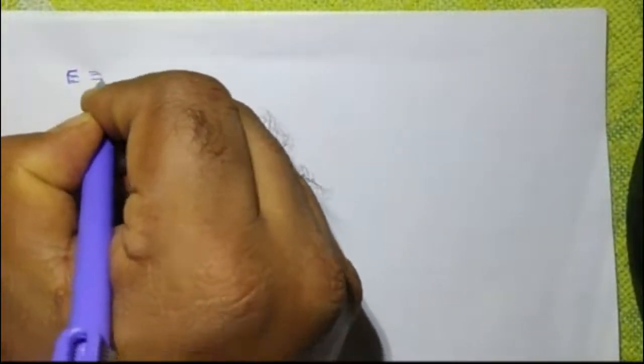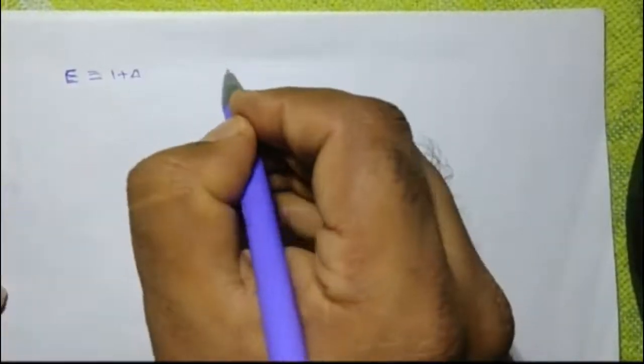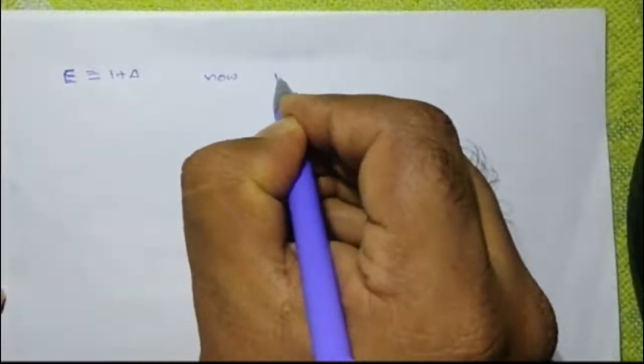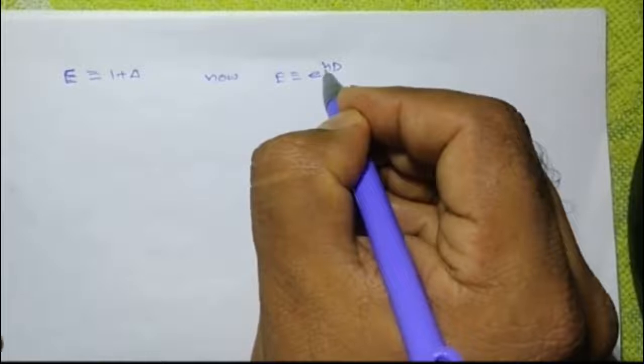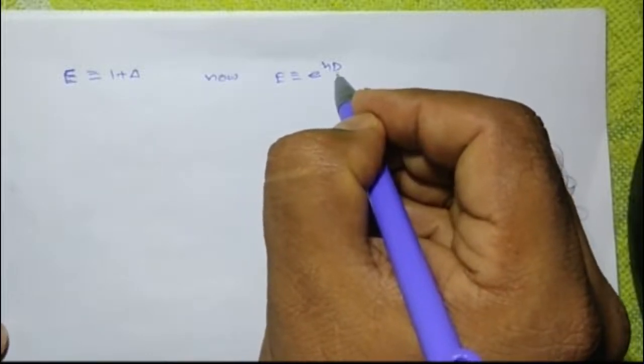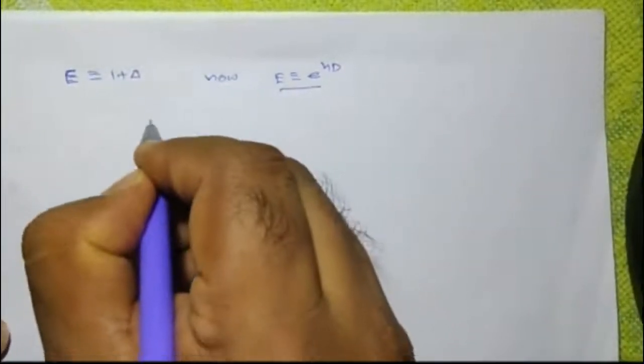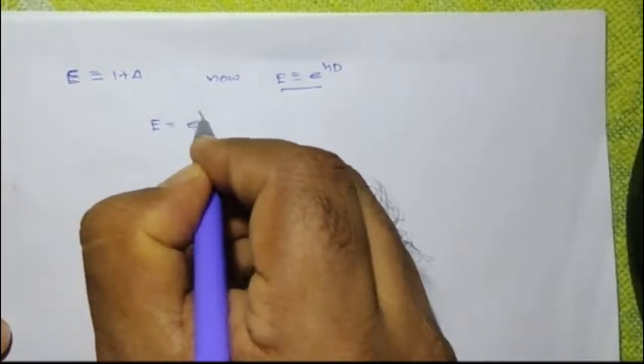We already know that E is equivalent to 1 plus delta. Now we know that E is equivalent to e raised to hD, where h is the interval of differencing and D is the differential coefficient operator. Let's consider this term E equal to e raised to hD.